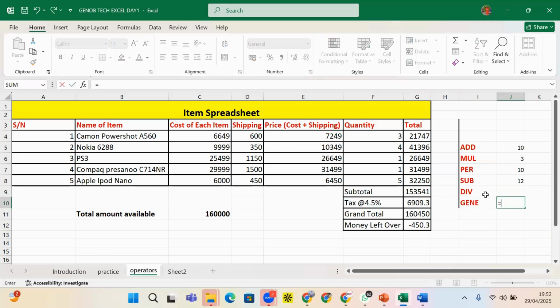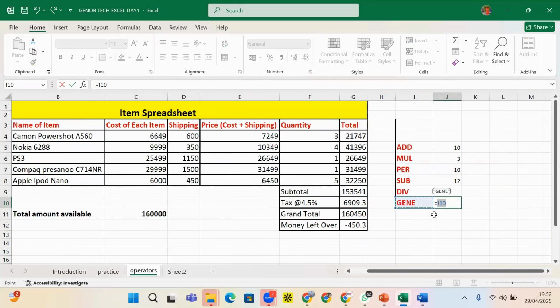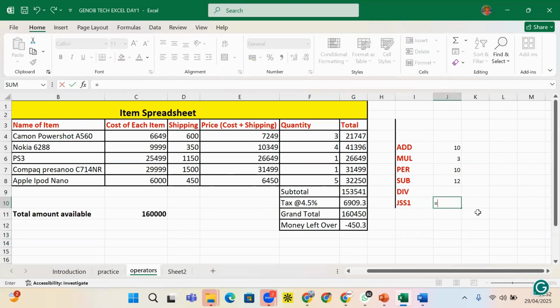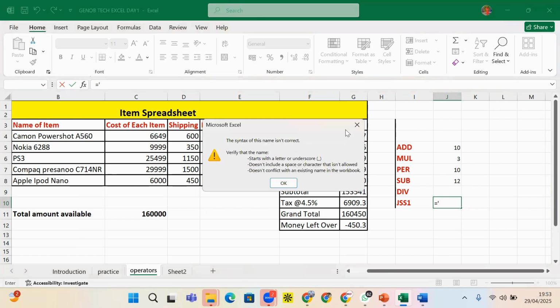Let's say we have a class of students. We say JSS1 equal to. For me to escape this equal to, once I enter equal to, Excel will automatically know I want to perform a calculation. For me to escape it, I use an apostrophe or any special character to escape it, right?